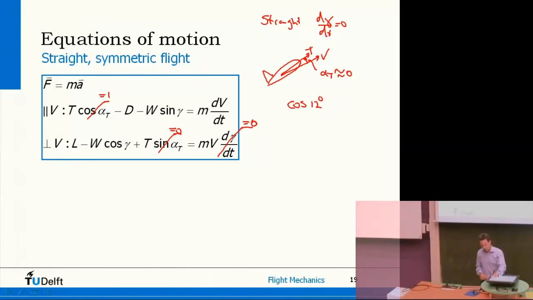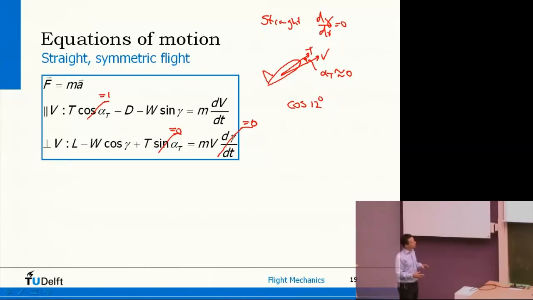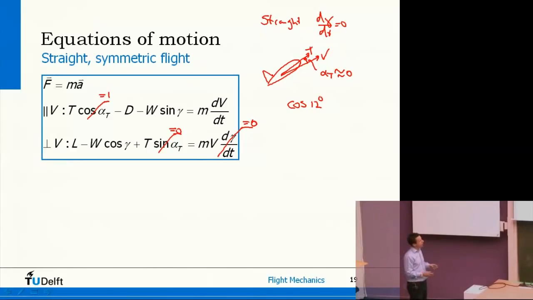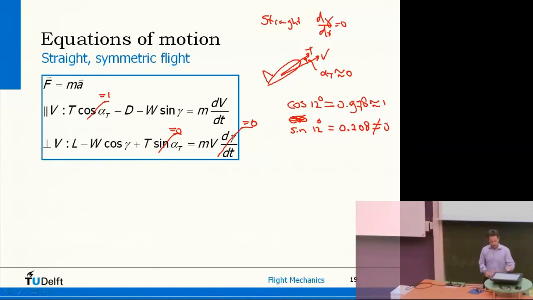So what I'm trying to show you here is that if you take the sine of a small angle, and 10 degrees is still fairly small, then the sine is not equal to 0. However, the cosine is equal to 1. And since we're never exceeding 15 degrees or so, you can basically say, well, the cosine is more or less 1, and the sine is not equal to 0, I should say.